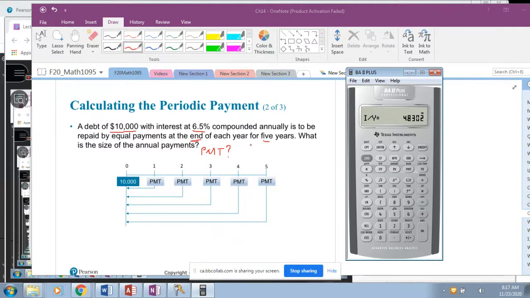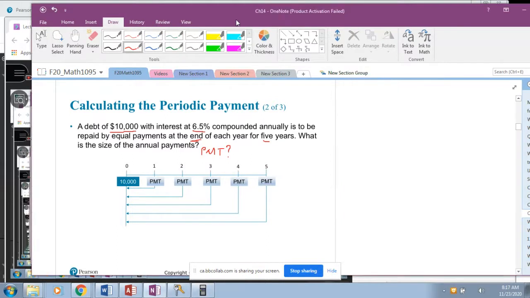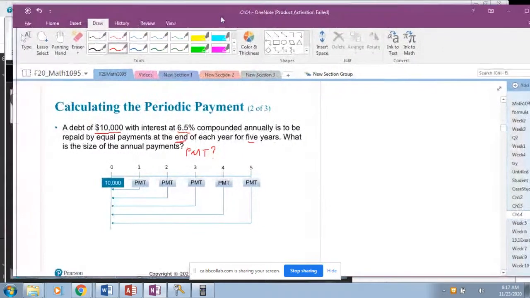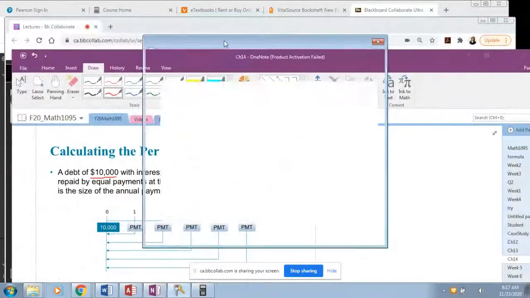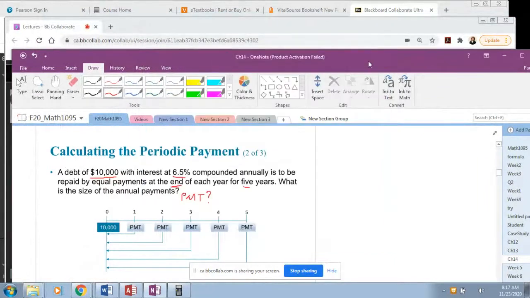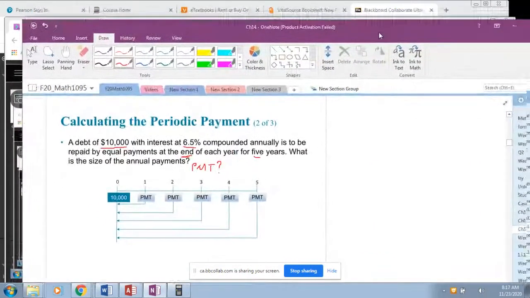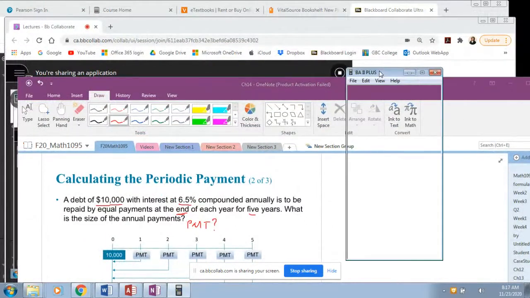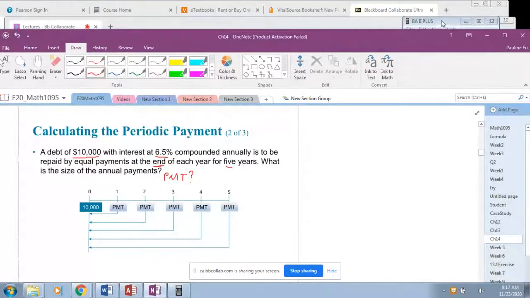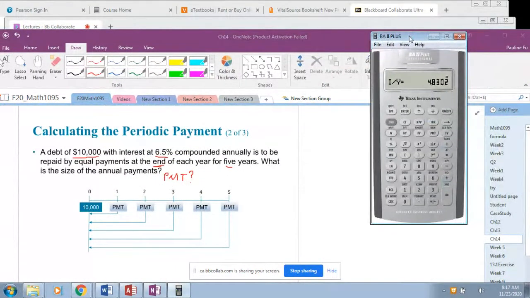So we are going to do this using both methods. One, calculator. The second method, formula. Where is my calculator again? Try to manage multiple windows.